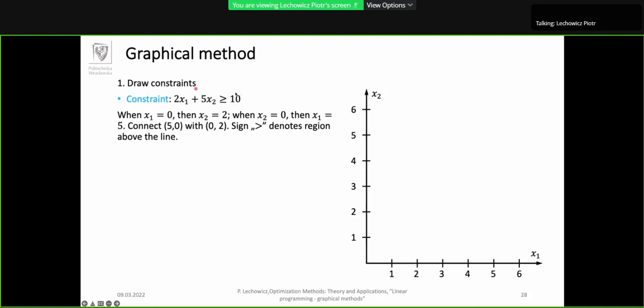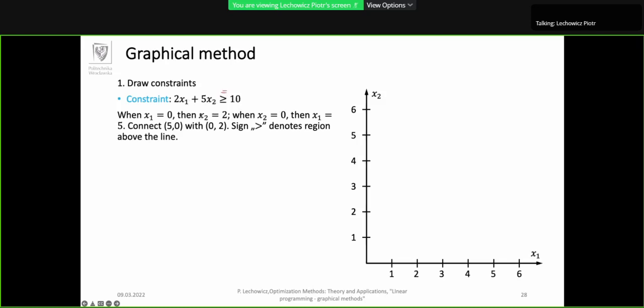So we are taking the first constraint, 2x1 plus 5x2 is greater or equal than 10. And we are finding 2 points which satisfy this constraint. First of all, let's just assume for a short moment that we have equality, and we have to find 2 points which satisfy this equality.